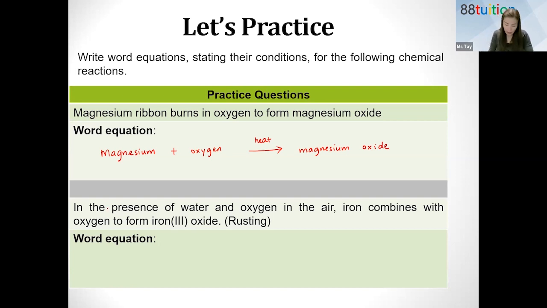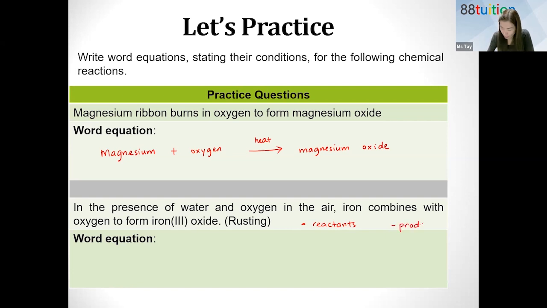In the presence of water and oxygen in the air, iron combines with oxygen to form iron trioxide. Now, I want you to identify, firstly, the reactants. Can you tell me what are the reactants here?